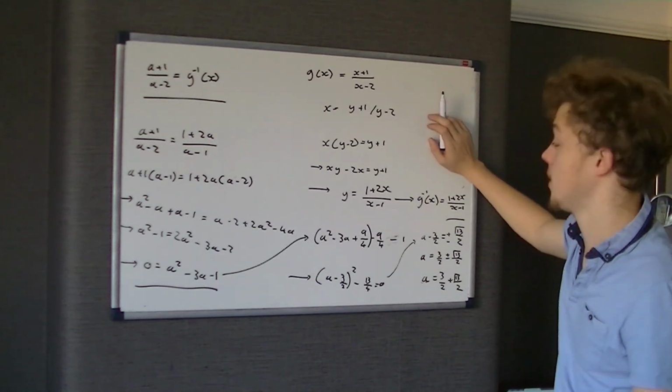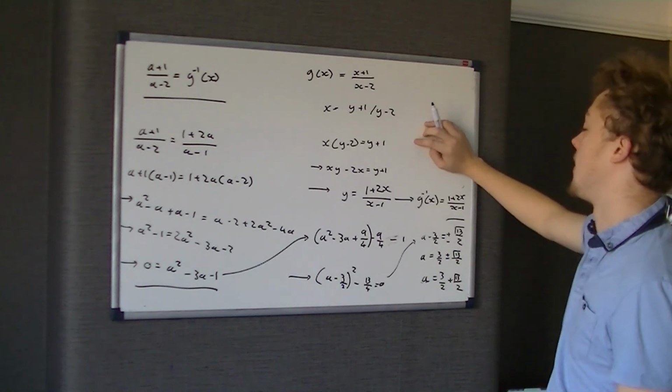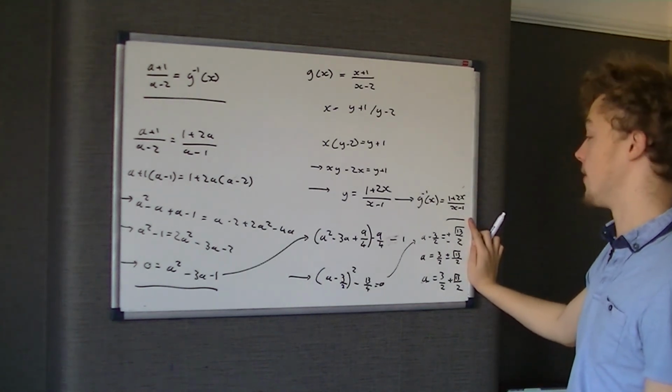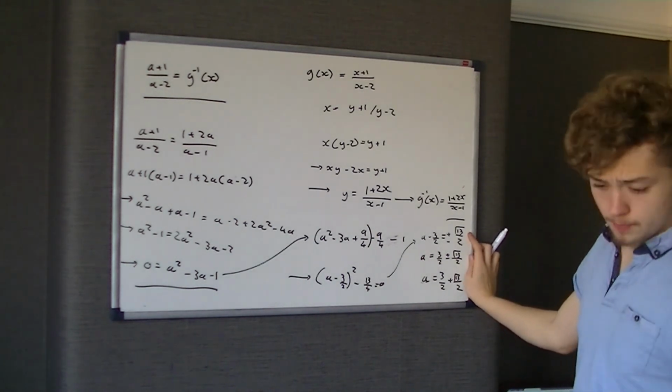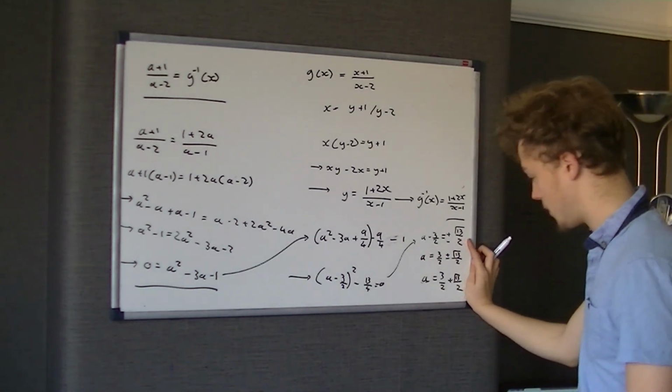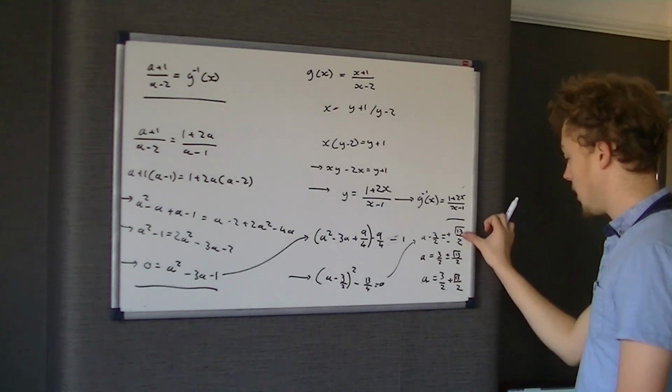So if you have any other methods you want to pass across that end up with the same answer for the inverse of x, then please do comment, and I will try and explain it in that way to other people, so you are helping other people.